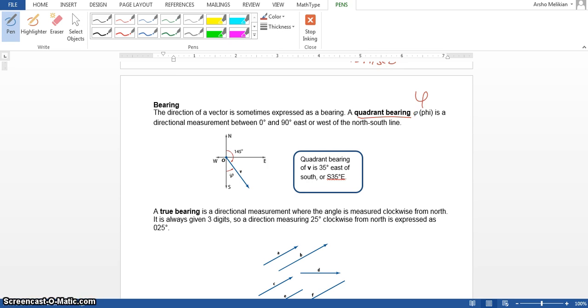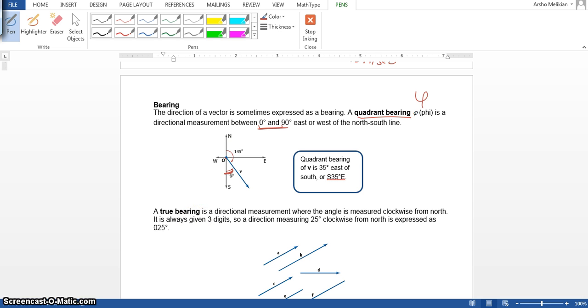The quadrant bearing is always going to be between 0 and 90 degrees. The way you measure it is, if this is your vector, you draw a north-south line at the tail of it, and the angle between the north-south line and your vector is the bearing. So if you draw the vertical line, the angle between the vertical line and your vector is your phi.